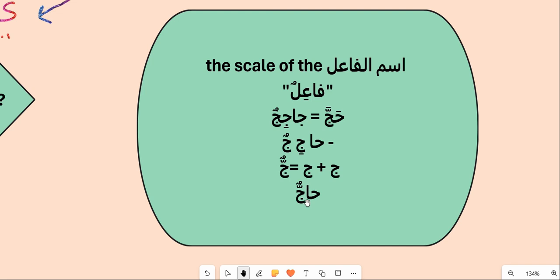So now you understood where we got this alif, from the scale fa'ilun, and how the two jeems were overlapped, and how the shadda came in and the tanween. So the alif remained, the two jeems got together, we have a shadda and there is a tanween. So this is how we get the structure hajjun. So now let's go and see the other examples. So here we have zanna, meaning to think.